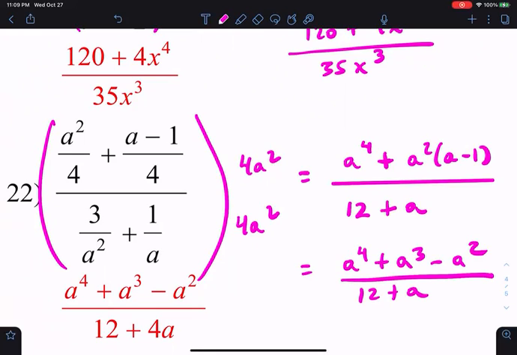Did I miss something here? It's supposed to be 4, right? Yeah, I missed a 4. Because if you're asking why, because we are dividing 4a squared by a, so 4a squared divided by a is 4a. So that's the denominator, right? And here we need to fix it, right? 4a.